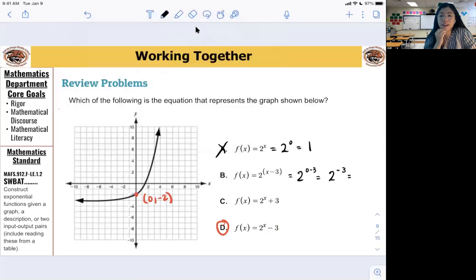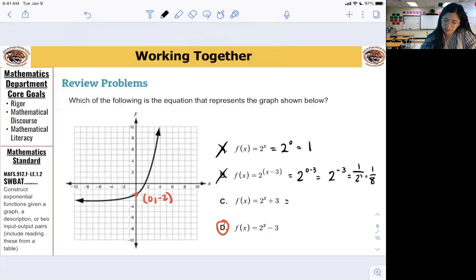What happens to an exponent when it's a negative number? It turns into a fraction. Good. This would be 1 over 2 to the power of 3, which is 1/8. So it's not that.